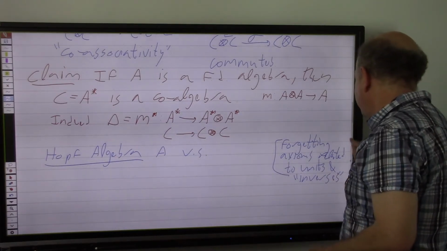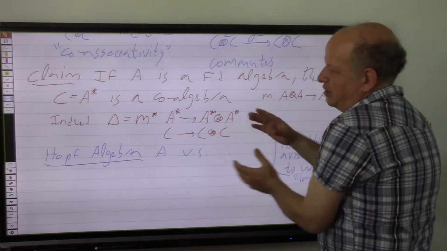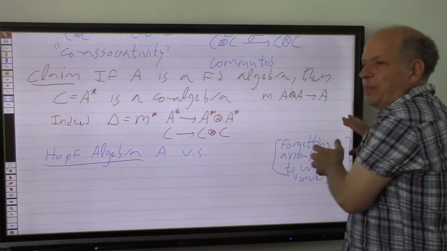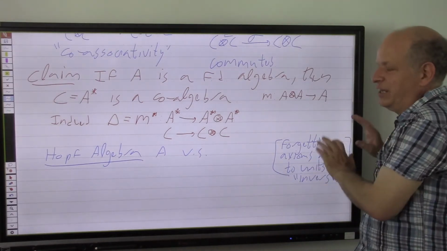So I'm writing the big axioms and dropping the small ones. Okay, but there are a few little ones as well.